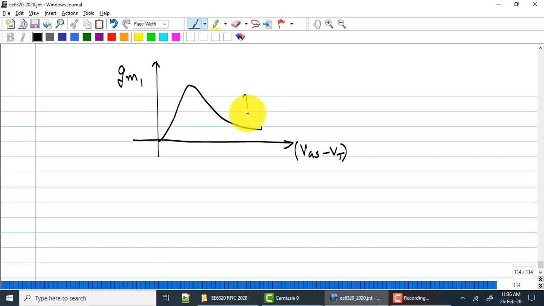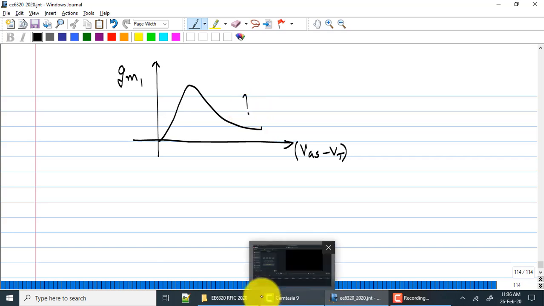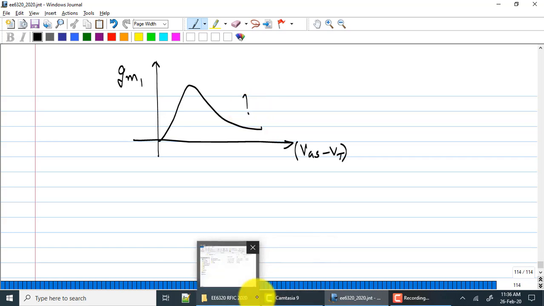So VGS minus VT went from what to what? So you plotted against VGS or VGS minus VT? VGS minus VT. So I assume yes. Minus 300 millivolts to about 1 volt. Is that right?